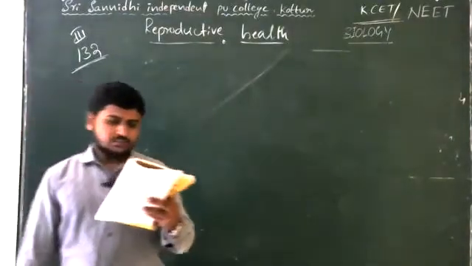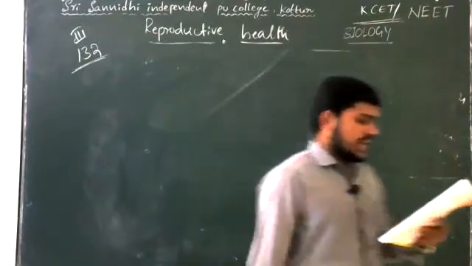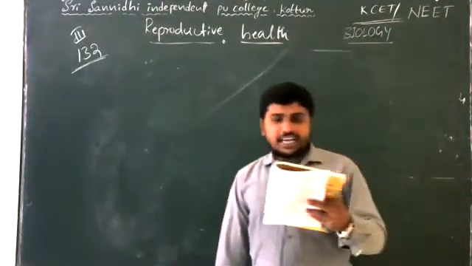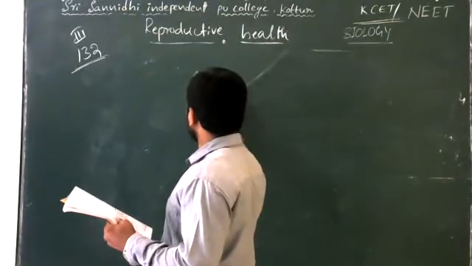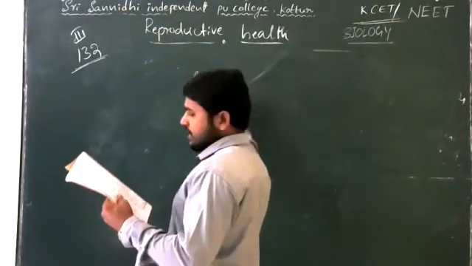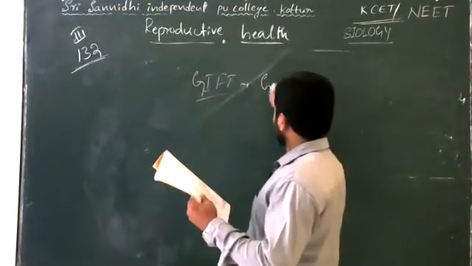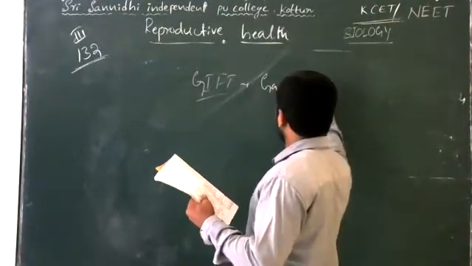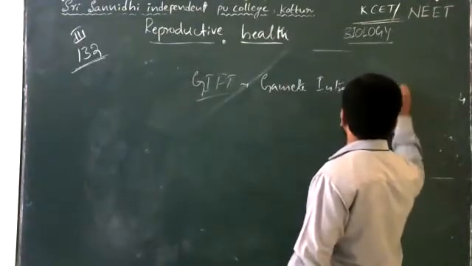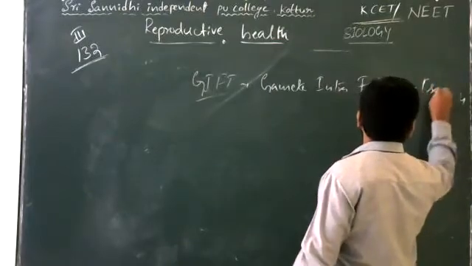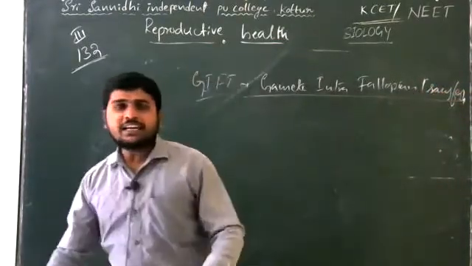Next, a childless couple can be assisted to have a child through a technique called gamete intrafallopian transfer. What do you mean, GIFT? The full form of GIFT is gamete intrafallopian transfer.